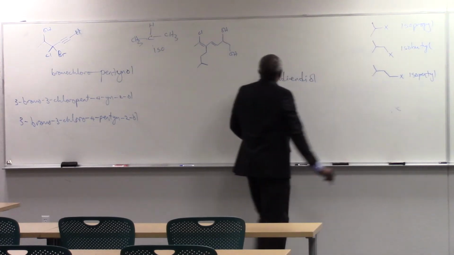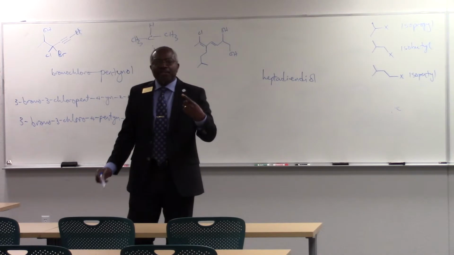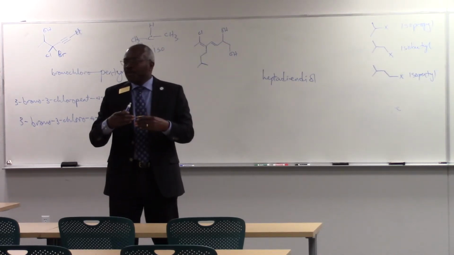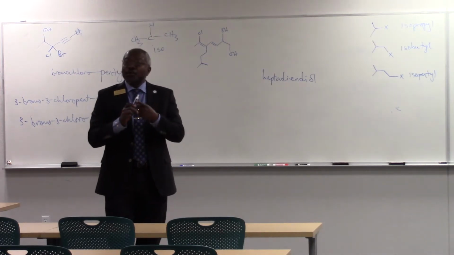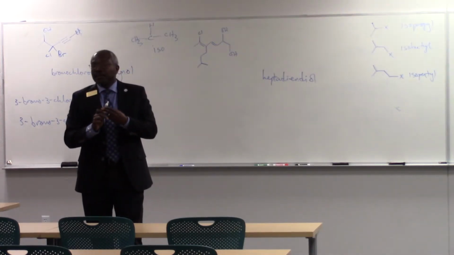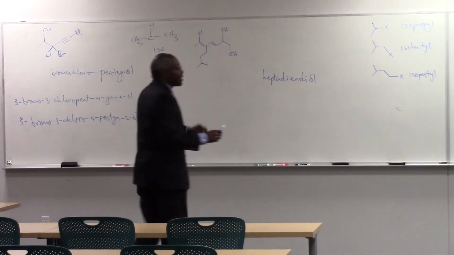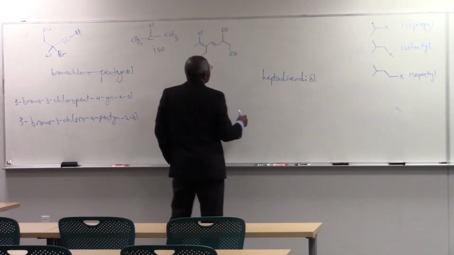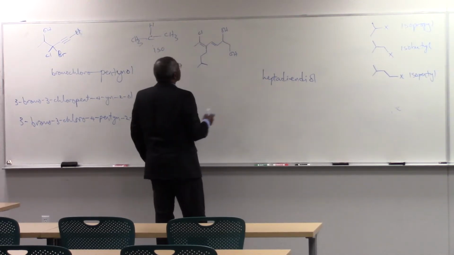And again, remember, we use the letter i in iso in alphabetization. We use iso and sec... well, we use iso, but we don't use tert in alphabetization. Iso, but not sec or tert.